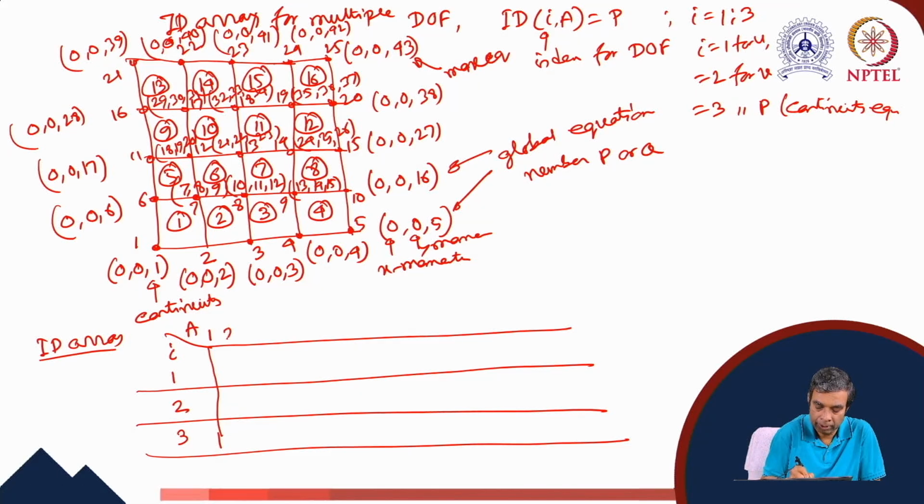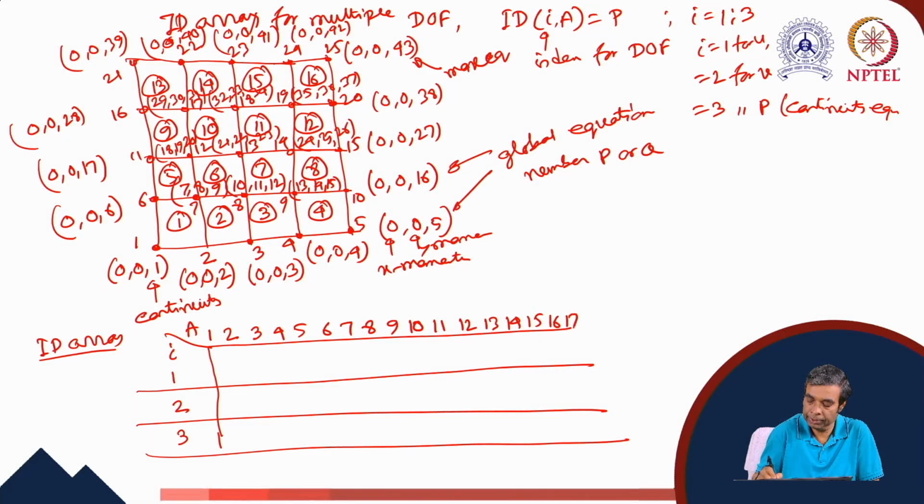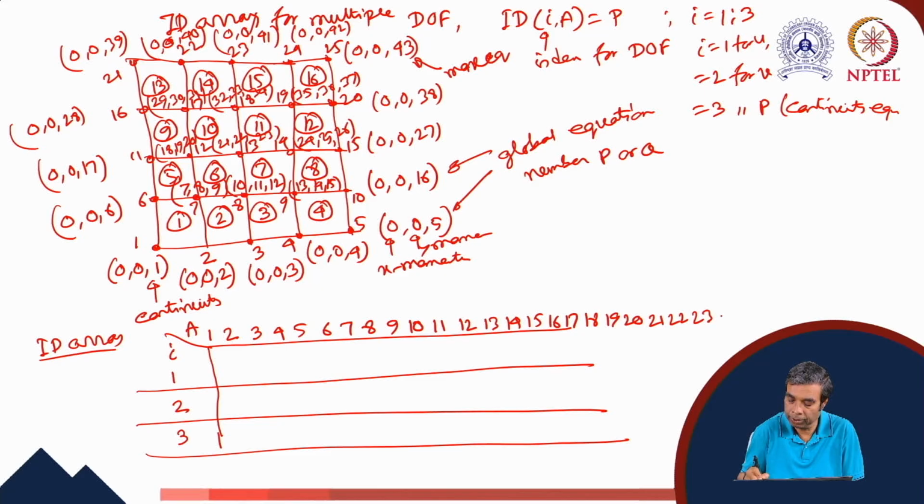So 1, 2, 3, 4, 5, 6, 7, 8, 9, 10, 11, 12, 13, 14, 15, 16, 17, 18, 19, 20, 21, 22, 23, 24, and 25.